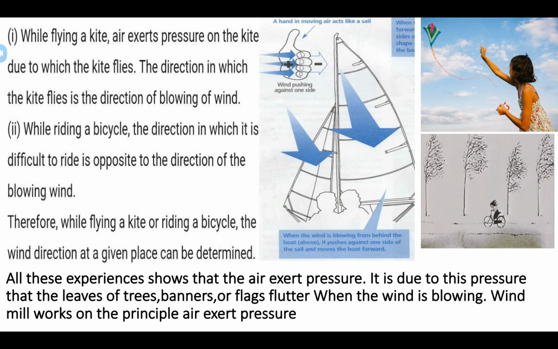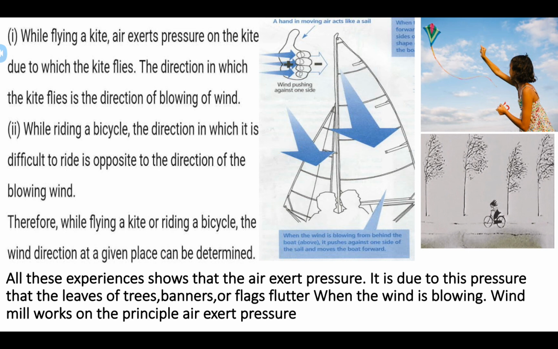And riding a bicycle, especially when the wind blows at high speed, when you ride the bicycle in the opposite direction of the blowing wind, it is very tough to ride because it always pushes back. And one more, movement of the boat also. When the wind is blowing from behind the boat, it pushes against one side of the sail and moves the boat forward. So this is one more application, air exerts pressure.